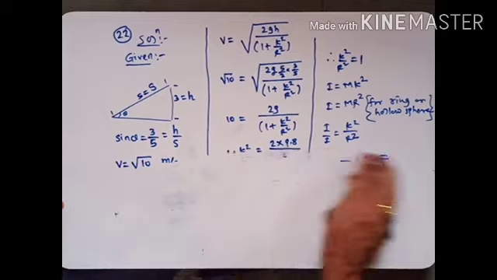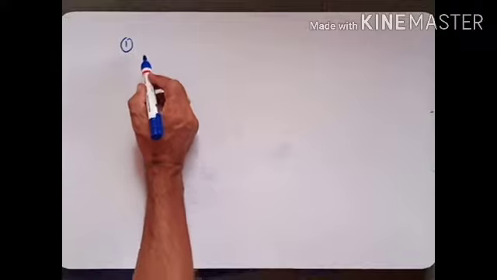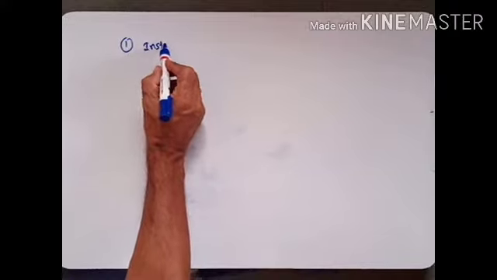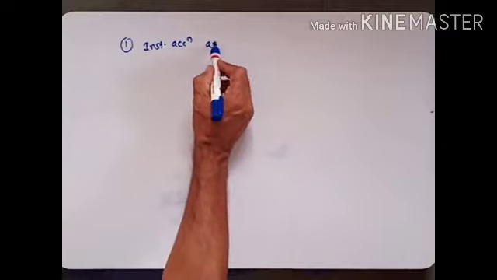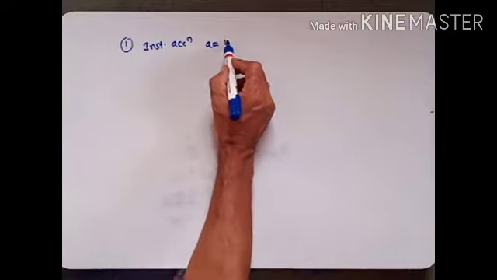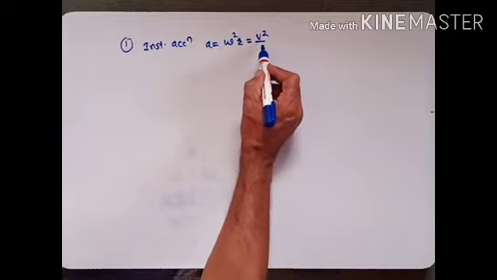Now we will see some key points for CET. Key points are some basic formulas for CET. See here, first thing, instantaneous acceleration: a is equal to omega square r, which is equal to v square upon r.